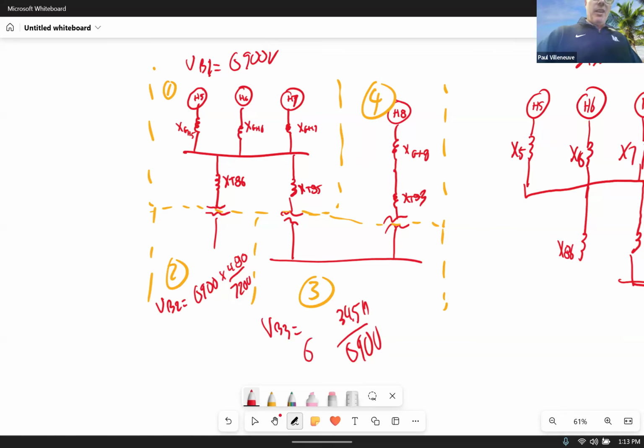So that's going to be 6,900 volts. And over here, VB4 is going to be equal to my 34.5 kV multiplied by 6,900 over 34.5. I've got S base, I've got V base for all 4 cases.